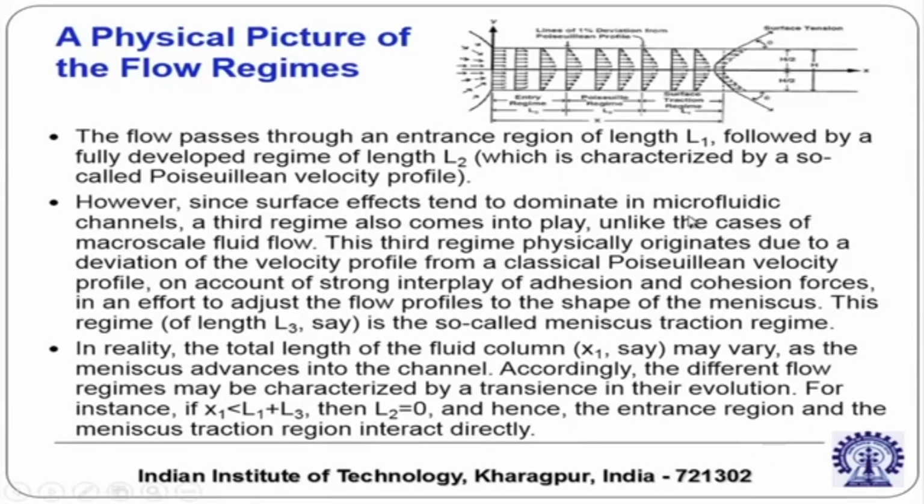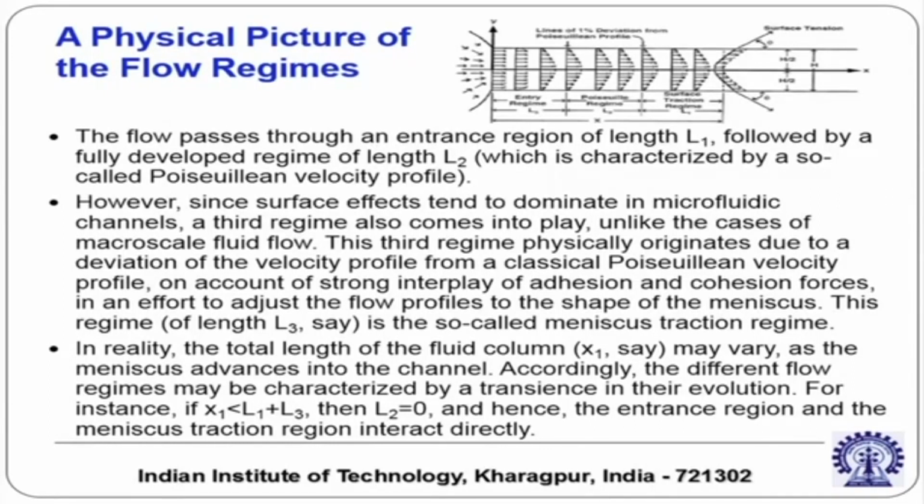If you look at this schematic, you will see that first there is an entrance region of length L1 where the flow is hydrodynamically developing. This region may be very short, but it will be present. Then there is a fully developed region, which is equivalently the Poiseuille flow regime.